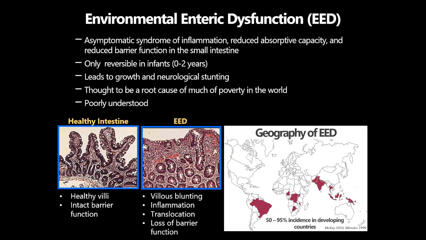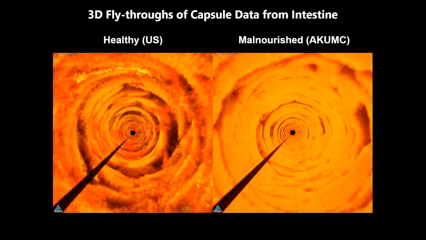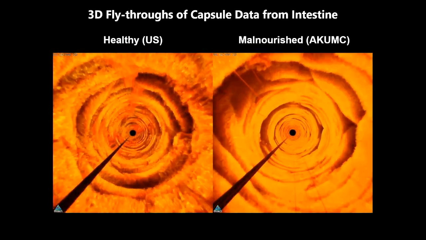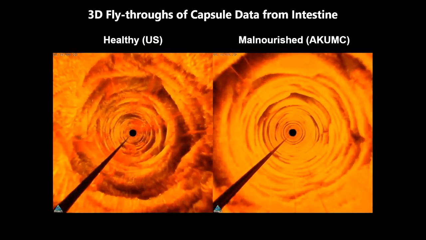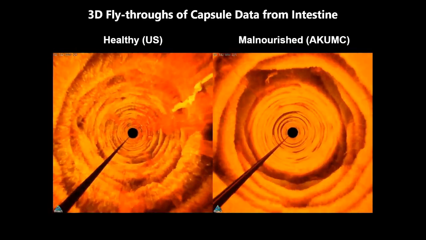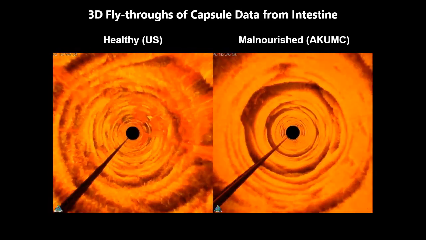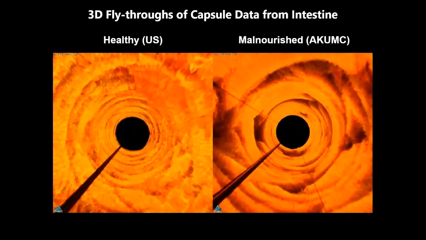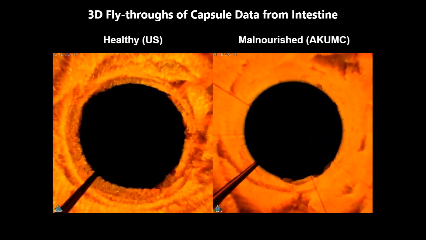So we have started by bringing our capsule to Pakistan, and as you can see on the right, a malnourished Pakistani adult has much flattened duodenal villi compared to the age-matched and sex-matched healthy US subject. These intestines are really flat, so they don't have that absorptive capacity that we have here in the United States.